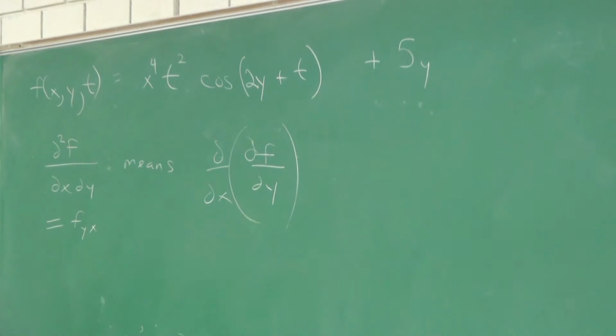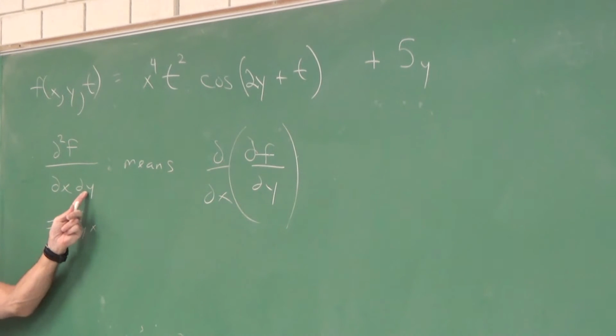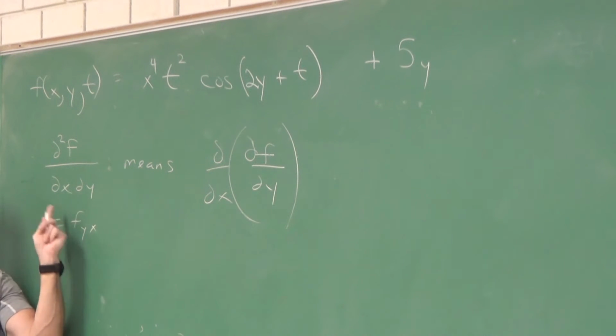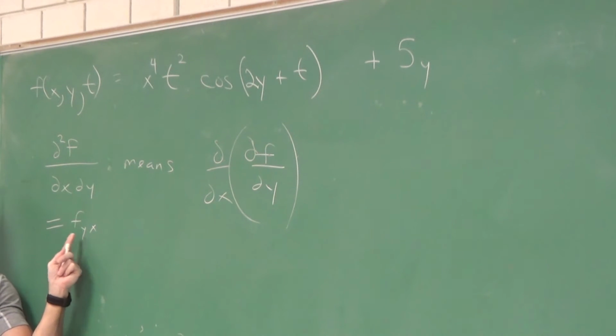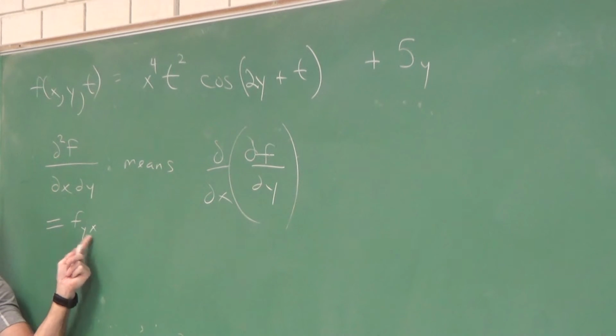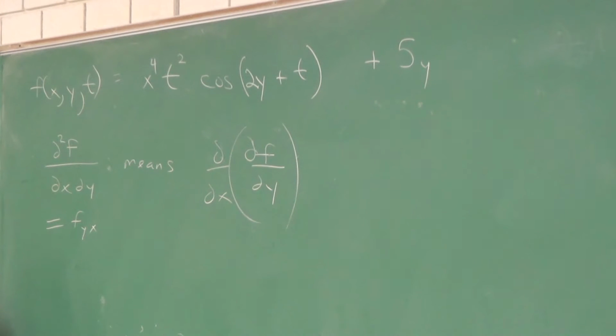I'll let you put that in your notes. So if you ever see this notation, you can just say to yourself, okay, I can read the denominator from right to left. This means do the first partial with respect to y, and then take the second partial with respect to x. But do you remember Clairaut's rule?